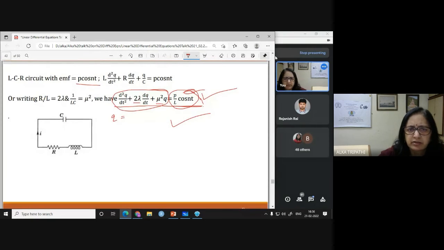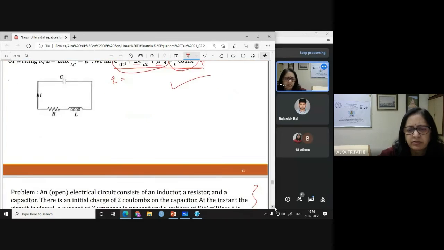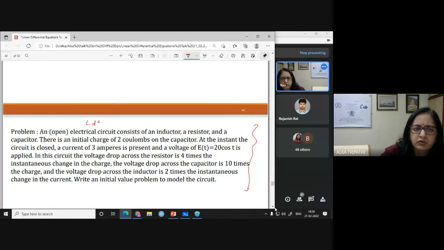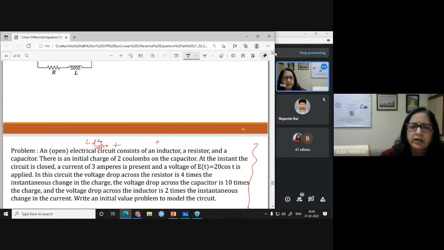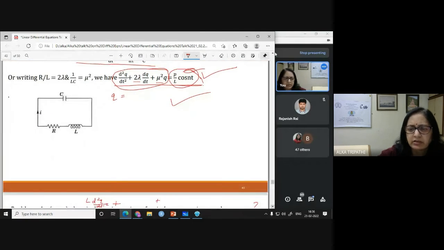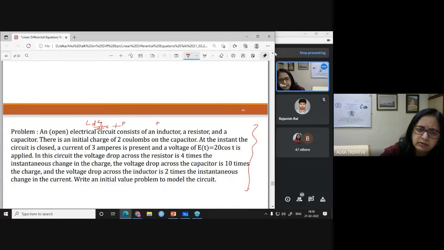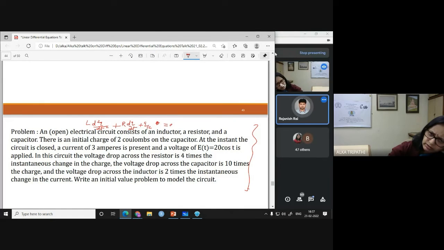We have just now written L d2q by dt square plus R dq by dt plus q by C equal to whatever the RHS value is, E(t), the external voltage. So what is E(t), what is L, what is R, what is capital C?